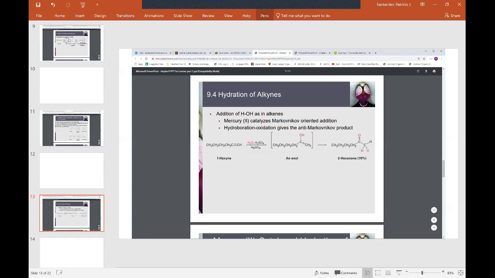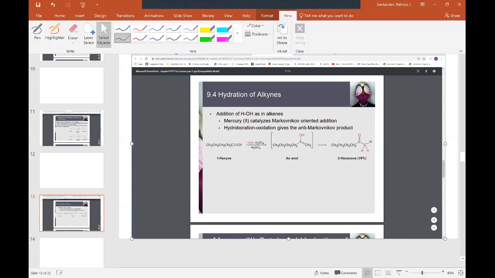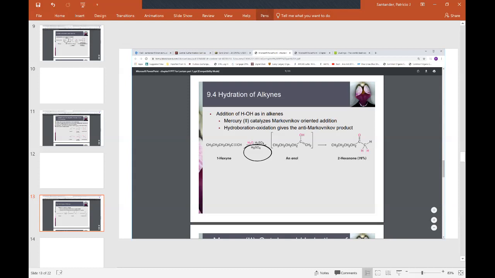And then we have the hydration reactions of alkynes. Hydration reactions of alkynes, again, come in two flavors. You can have the Markovnikov process that is mediated by mercury salts.